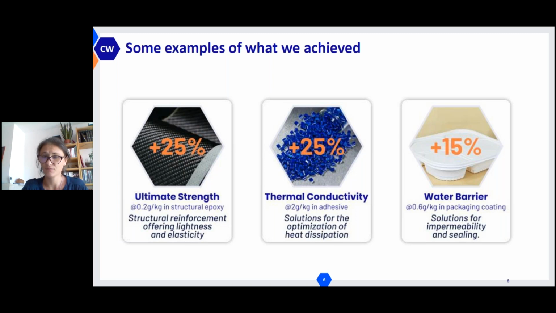It was the same for a thermal application. We put a small quantity of graphene in an additives resin based on epoxy at low concentration, and we get improvement. And also we put graphene in a coating for packaging, paper packaging, and we obtain an improvement in water permeation.